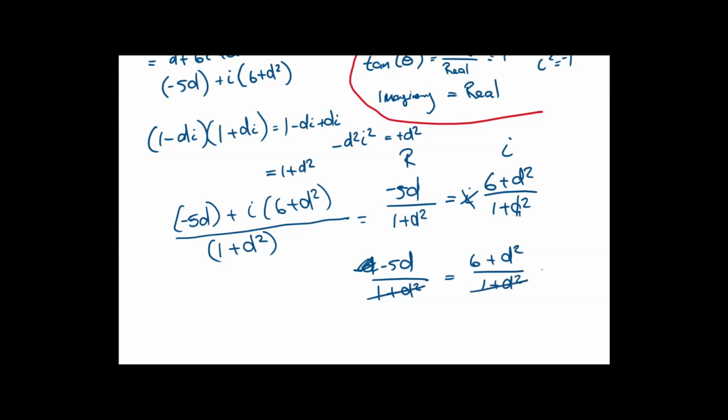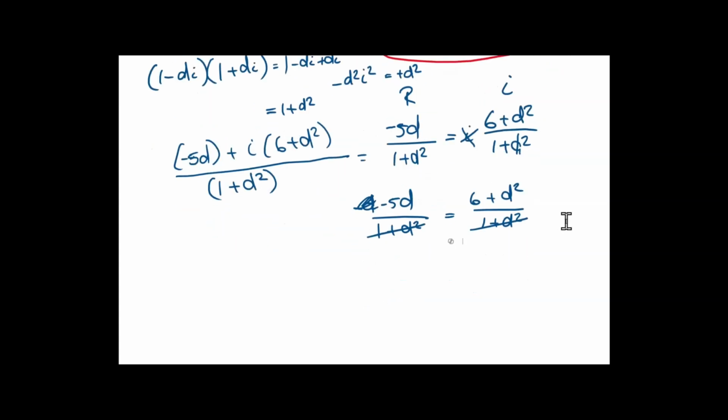And if they're equal with the same denominators, then the tops must be the same. The ones at the bottom must be equal, so you can cancel. So we're left with minus 5d equal to 6 plus d squared. Now it's really a quadratic, isn't it? So let's bring this d over and make it equal to 0.